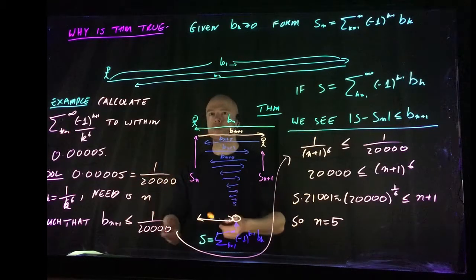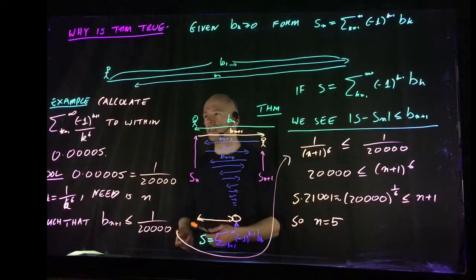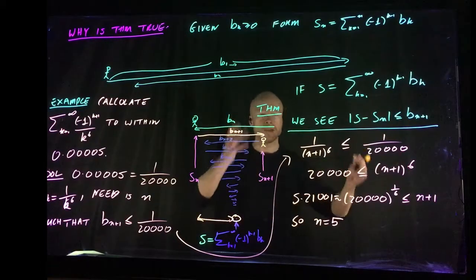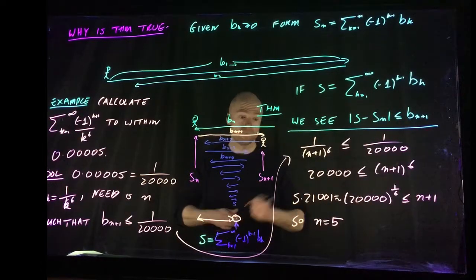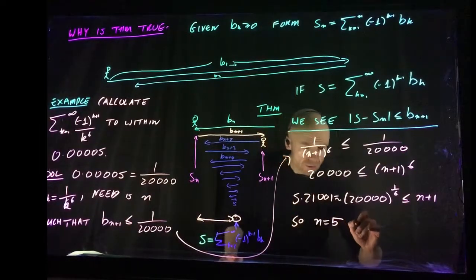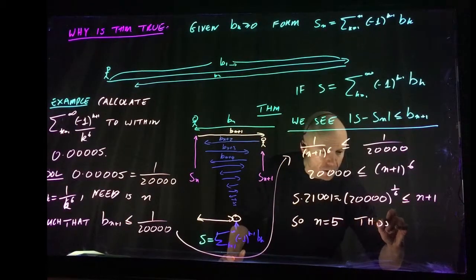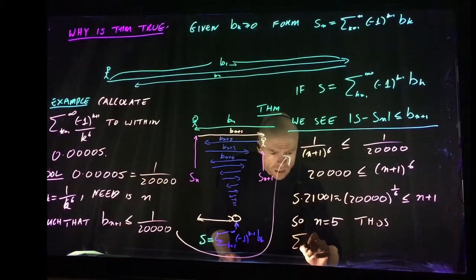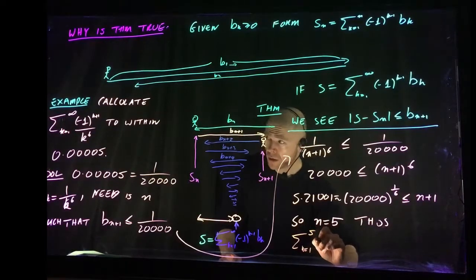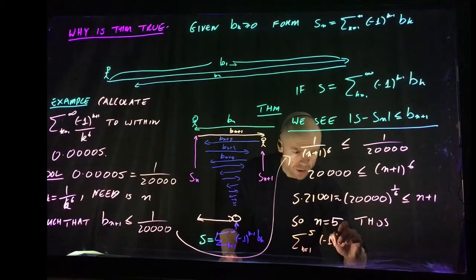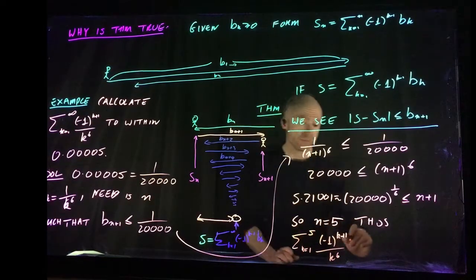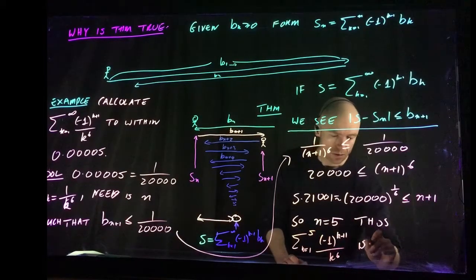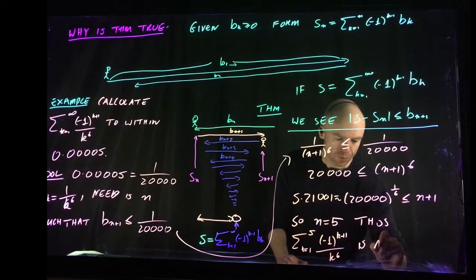It's just at this point a task which is accessible to human endeavor, right? So we would just say, thus, whatever this is, when we take the sum from k equals 1 to 5 of minus 1 to the k plus 1 over k to the 6 is the answer.